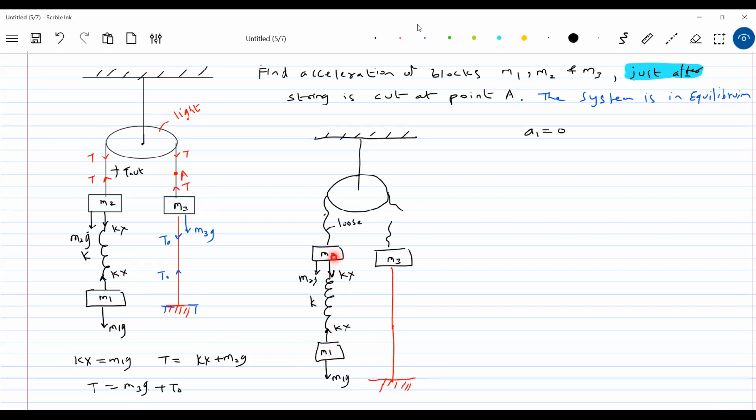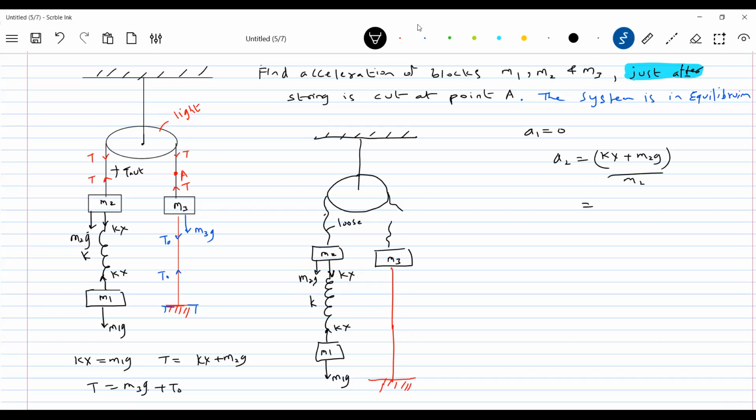Now come to M2. I want block M2. What is the force acting? M2G plus Kx, no? So the acceleration of block M2, A2, should be equal to (Kx plus M2G) by M2.